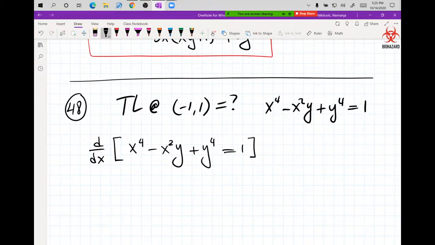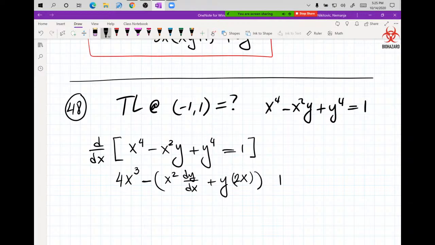The derivative is 4x to the 3, minus, and here comes the product rule. Copy the first, derivative of the second, plus copy the second, derivative of the first, plus 4y cubed dy/dx equal to 0.